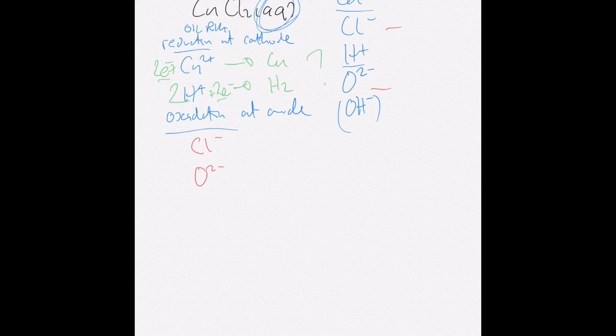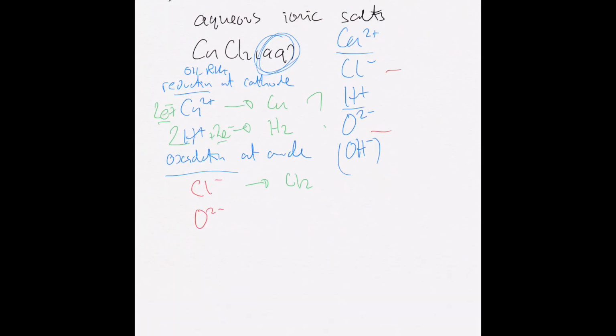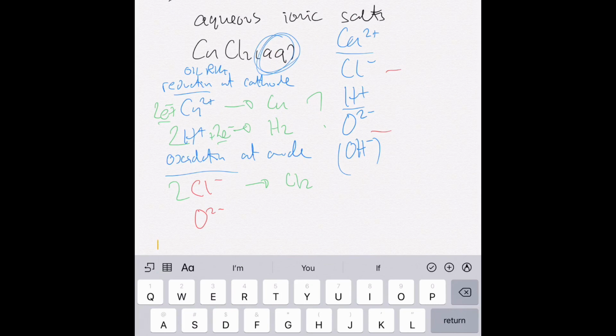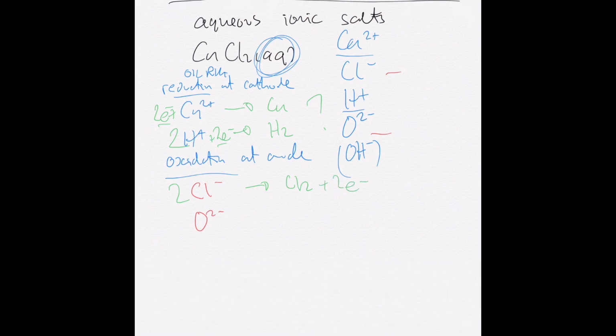And then chlorine. Chloride becomes chlorine, and that means we need to have 2 chloride ions on the left, 1 chlorine molecule plus 2 electrons.